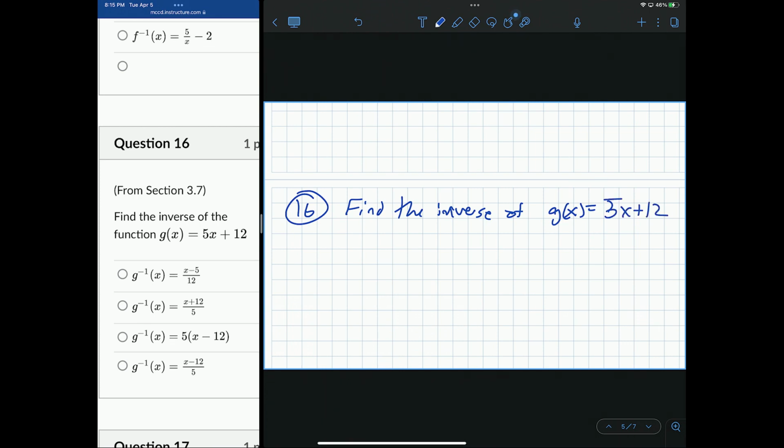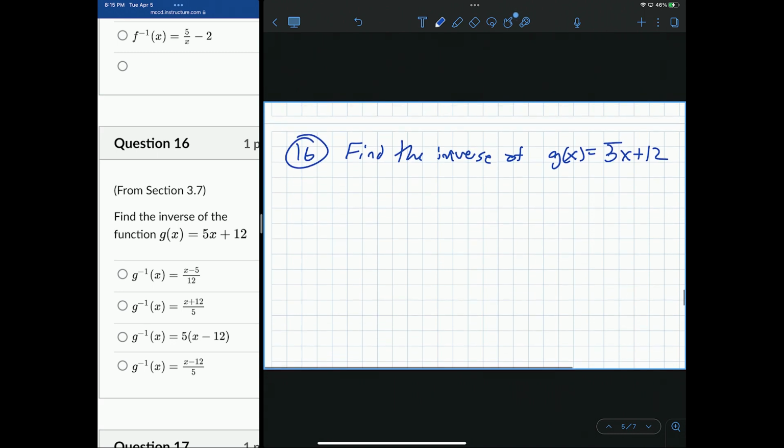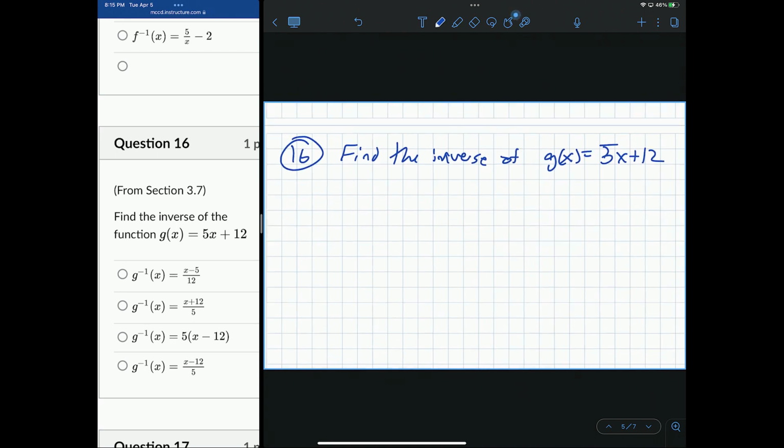This is going to be a lot easier than the previous one. I didn't want to start with the easiest one. So what's our first step? Our first step is to change the name. Instead of calling it g, we're going to call it y. Y equals 5x plus 12. Then we switch the x's and the y's. So x equals 5y plus 12.